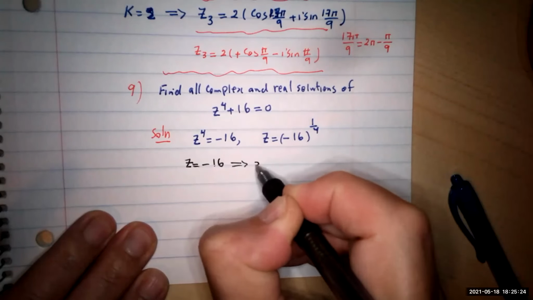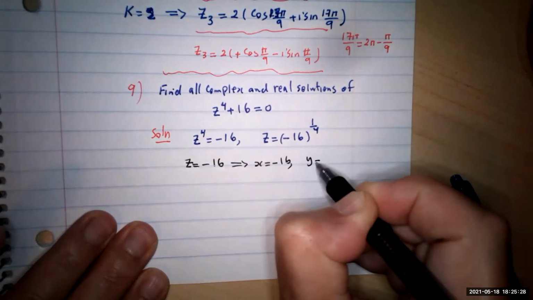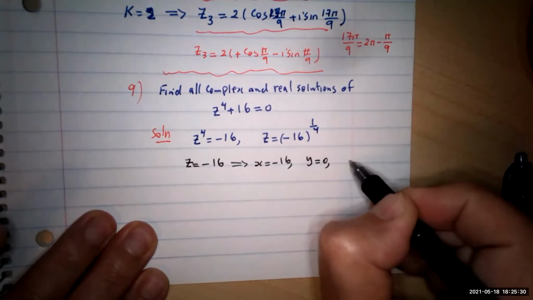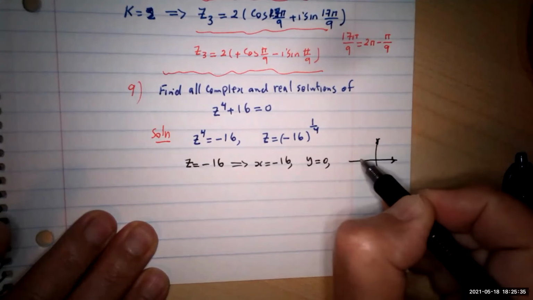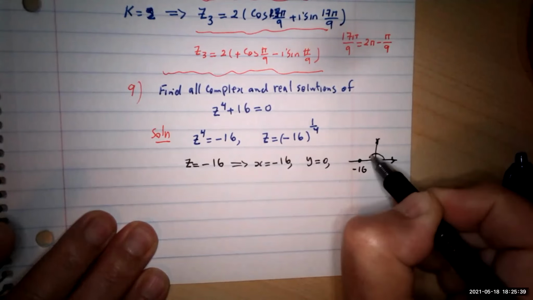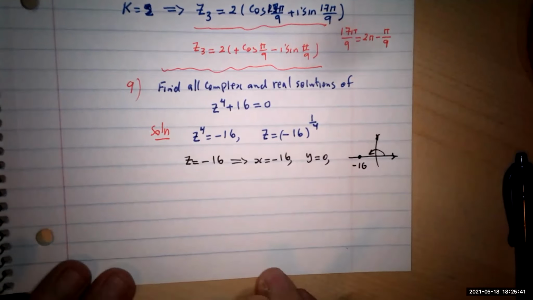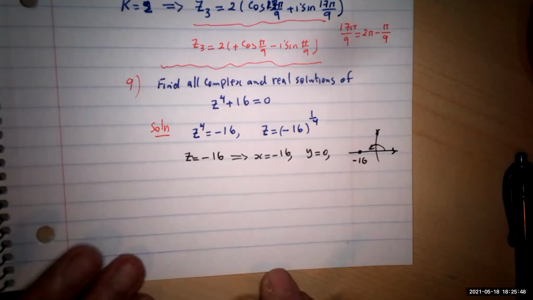And you know that for negative 16, x is equal to negative 16, y is equal to 0. And that would be helpful to know that this is going to be your point. Okay, and you know that this is going to be the angle in question, which is pi. If it's positive 16, you're going to take it to be 0. If it's a negative number, naturally it's pi.